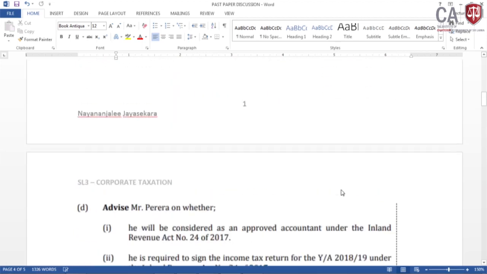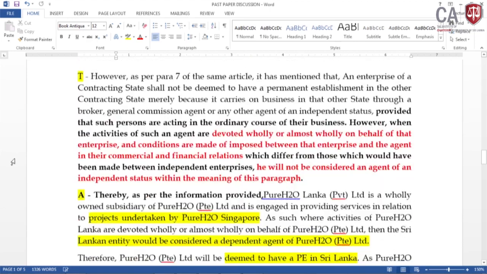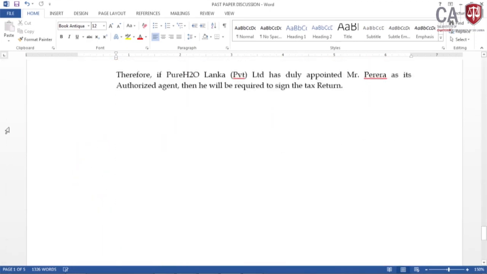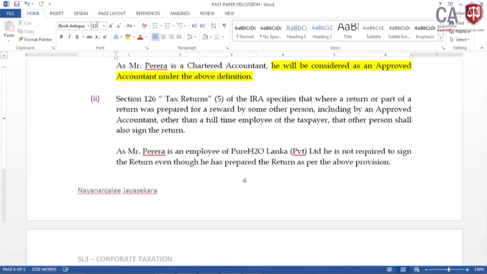Part B is asking whether Mr. Pereira is required to sign the return under the Inland Revenue Act. If he has prepared the accounts for a reward, on completeness and accuracy, he has to sign the return. But Mr. Pereira is a full-time employee. Then there is a provision given for that.